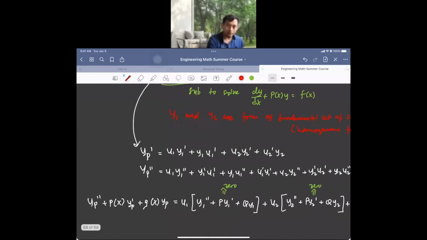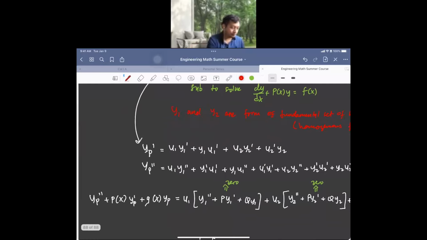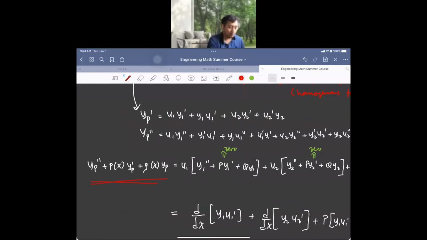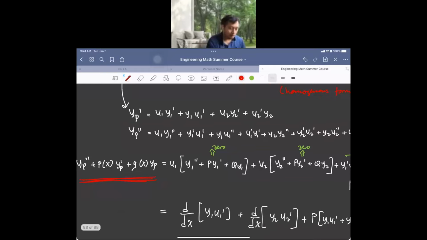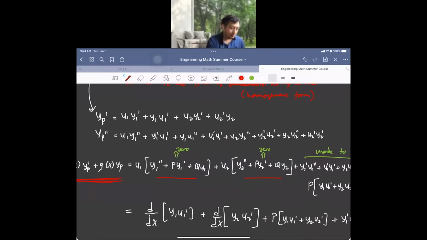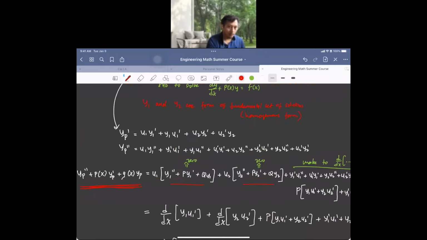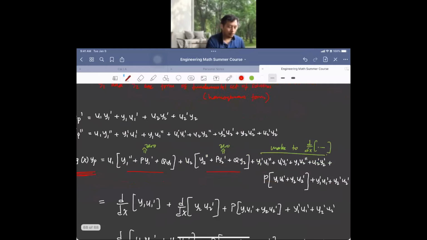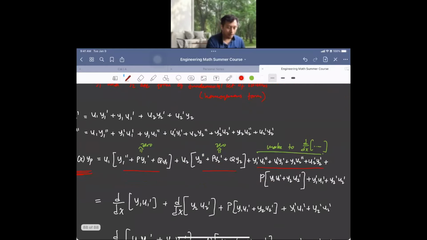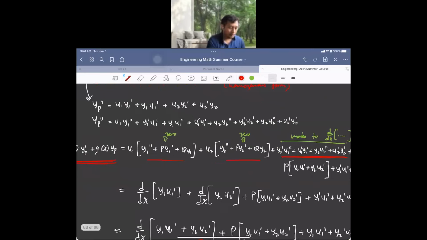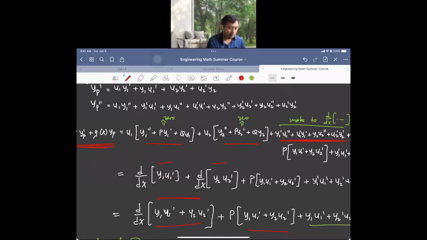After some steps, we know that this will be our homogeneous part, that is 0, and then we have all this stuff here that we can make into our product form, and it becomes this.